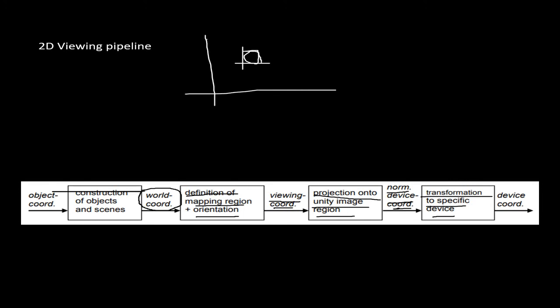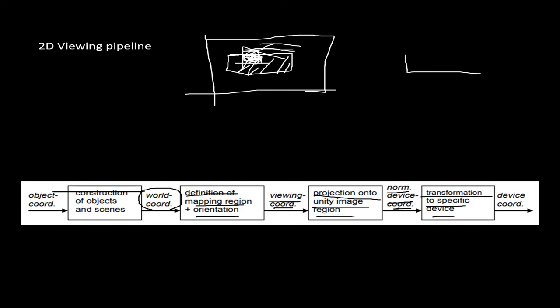Let's say this is the device. This part is going to be captured and this part is going to be rejected, so we need to clip this part from the total thing. Then the projection into the unity image region happens, and finally it is transformed into the device coordinate, and we can see it in the device like this. That is how it is going to work.